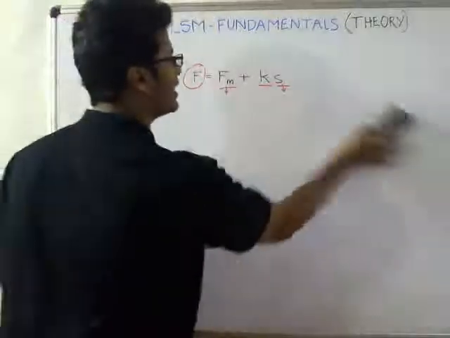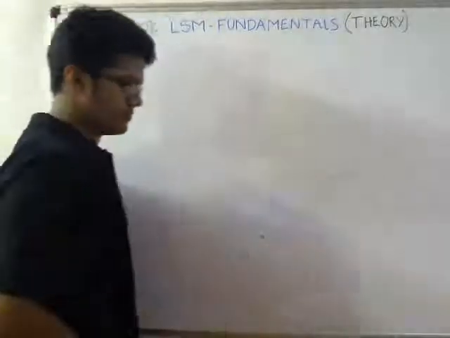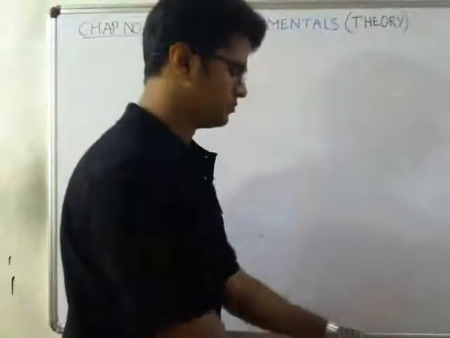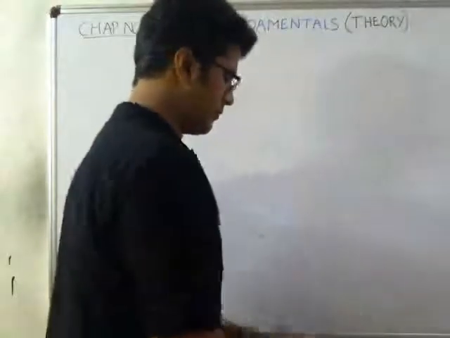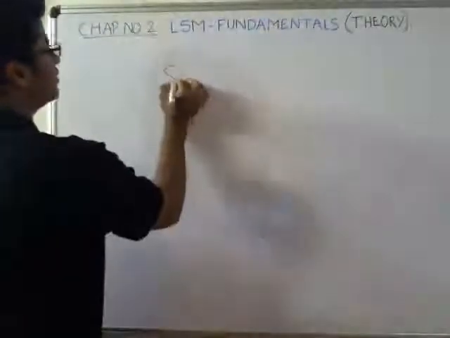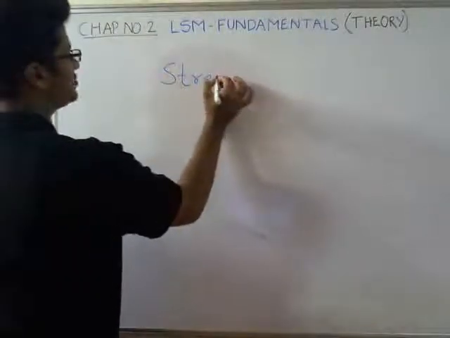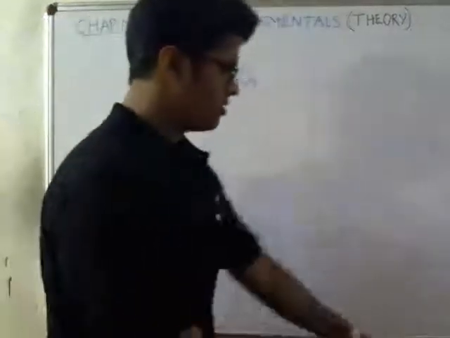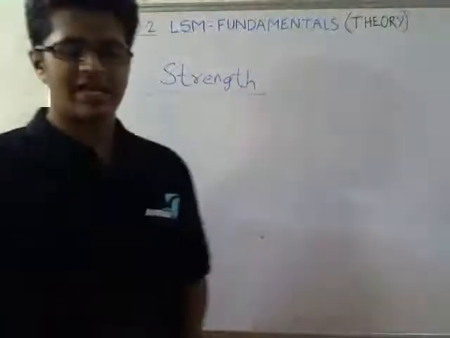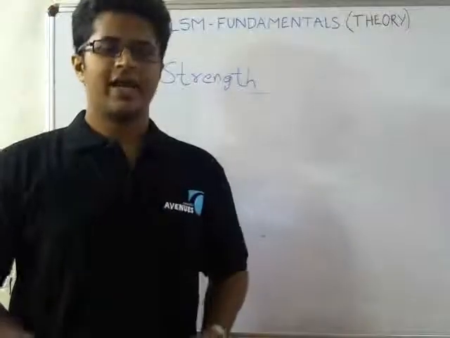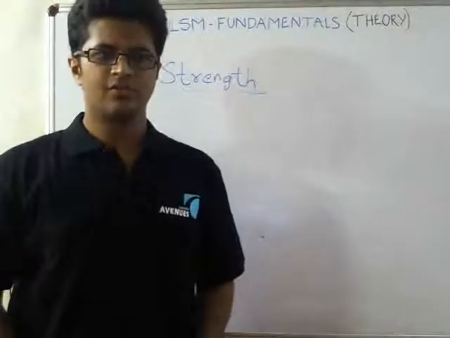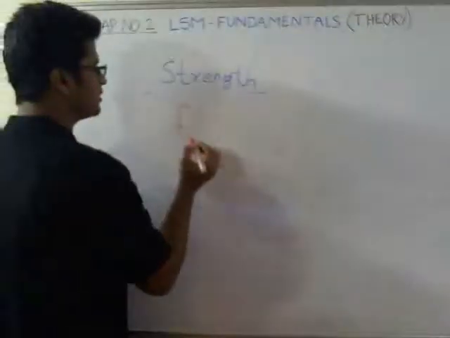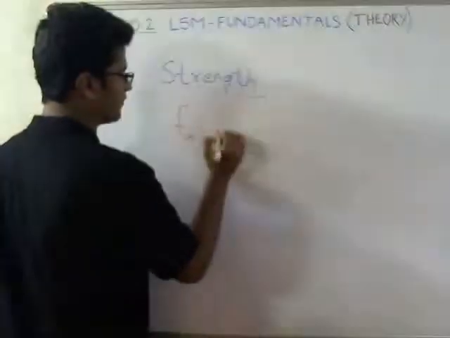So this was all about characteristic load. Now we will talk about another parameter, that is strength of the structure. Just like characteristic load, there is another term called characteristic strength, which is denoted as fck.